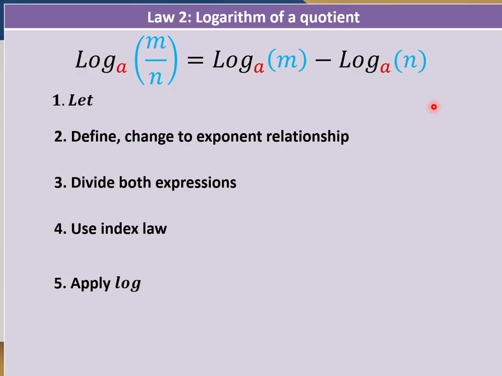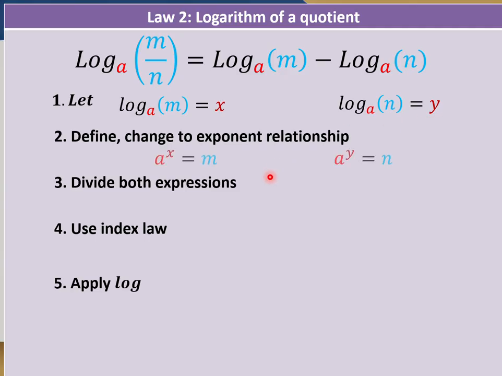Likewise, I already talked about this before, but this is the relationship when we are dividing. So log base a of m over n is equal to log base a of m take away log base a of n. So we're just going to separate them. One is equal to x and one is equal to y. We are going to change it to exponent form.